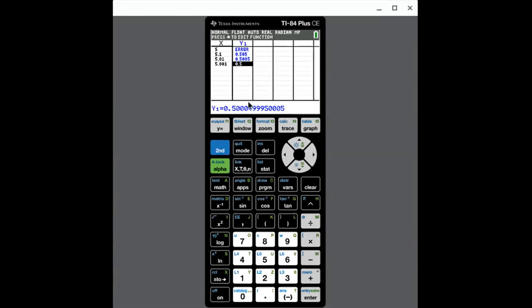But if you want to see the 6 decimal places, go to the Y1 part of your calculator and you'll see it. The part where it says guess the value of the limit is basically just saying what is it close to? So I just put 0.5 for that.